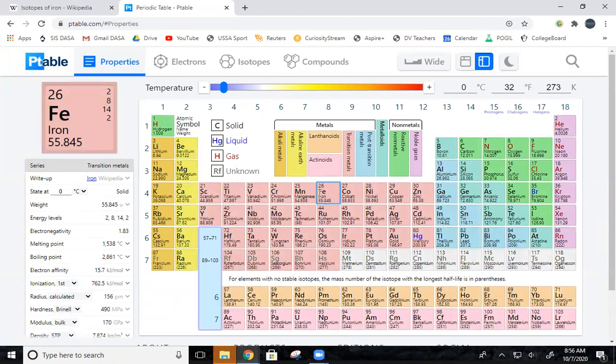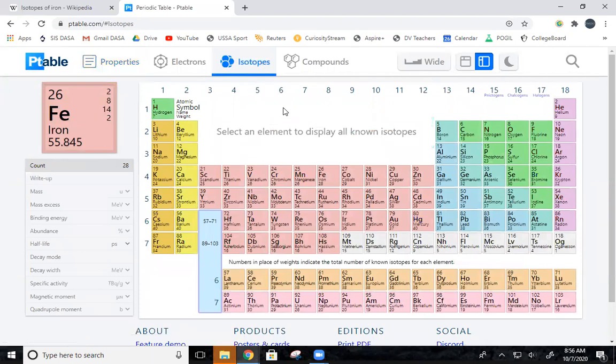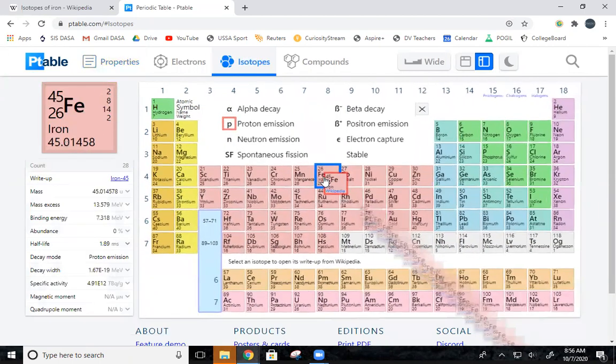I feel like there is a way on ptable.com to look at common isotopes. And if there isn't, that is a huge, oh, not borium. Well, oh, isotopes, aha, thank you. We found it, everybody. We as in you guys, not me.